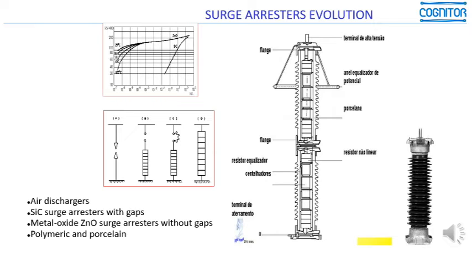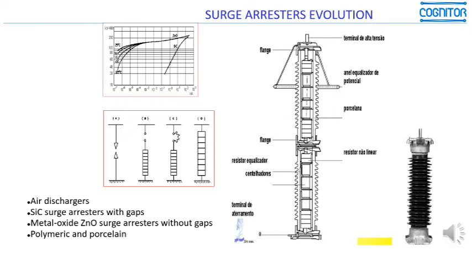This perfection does not exist, but when we arrived at the current surge arresters that we have today, which are the metal oxide ZnO surge arresters without gaps, we are nearer to this situation of a perfect zero impedance than we were in the very beginning when we had the air discharges.